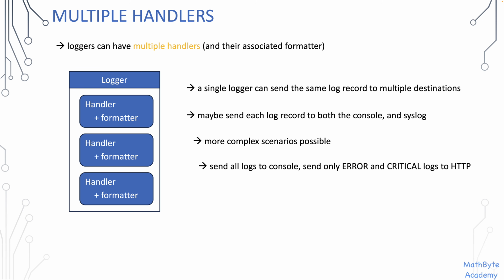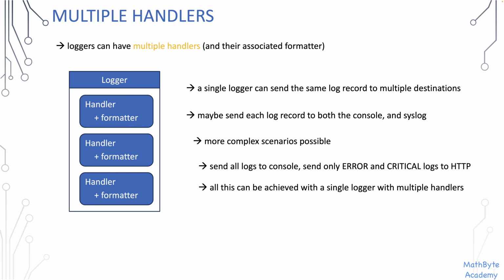So one of the things that we could do, for example, we could send all the logs to the console, and then we have an HTTP handler, but we are only going to send the error and critical level logs to the HTTP handler. So that's one thing that we could do with these multiple handlers, is that they don't need to run all the time. And we'll come back and take a look at how that's done. And so all this can be achieved with a single logger with multiple handlers.